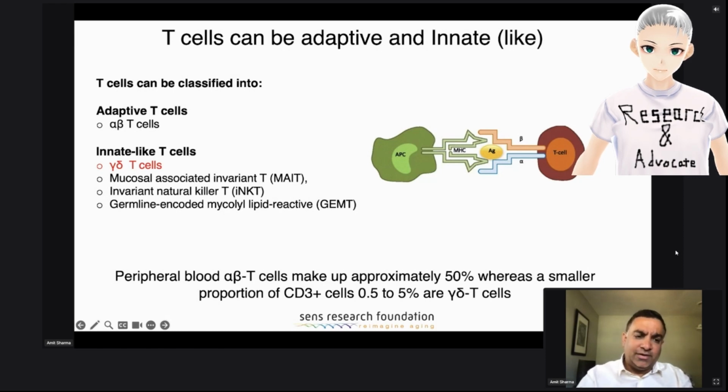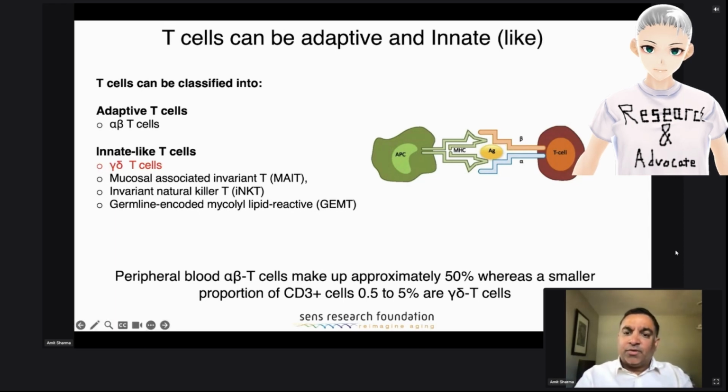T cells are mostly classified based on the TCR composition. The most common T cells are adaptive T cells, which have an alpha and beta chain that makes up the TCR. The TCR is the main receptor that T cells use to recognize the antigen presented by an antigen presenting cell. So this is the basic adaptive immune response.